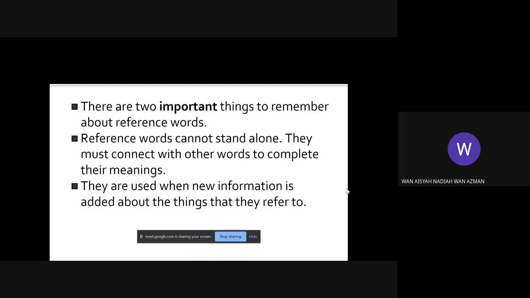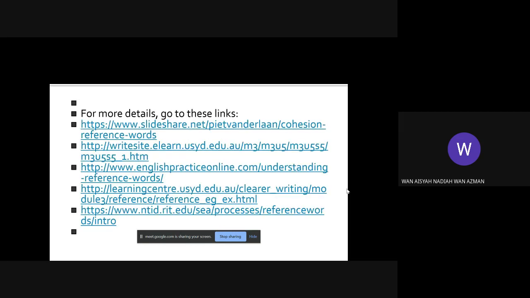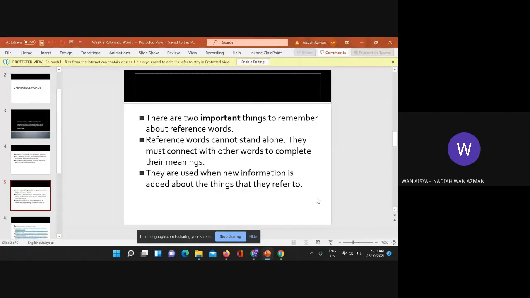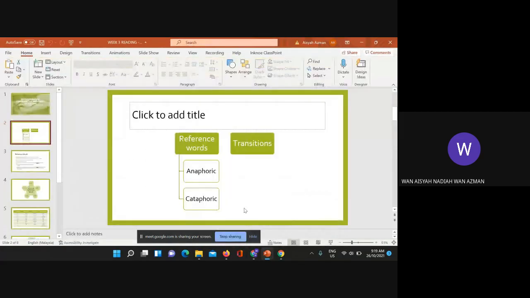There are two important things to remember about reference words. The first is that reference words cannot stand alone, so they must connect with other words to complete their meanings. The second is that they are used when new information is added about the subject previously referred to.